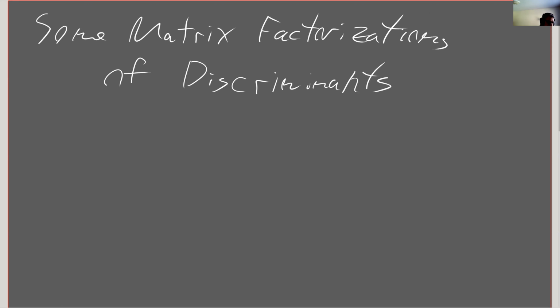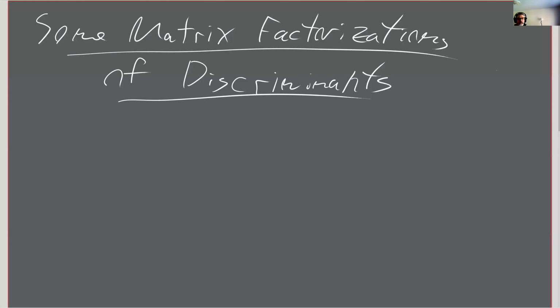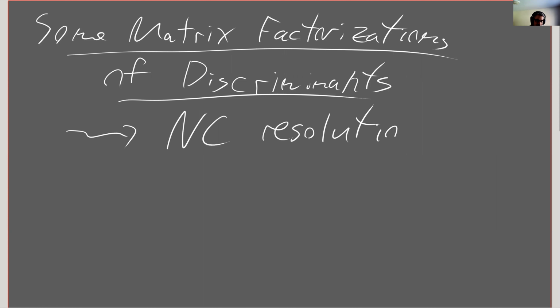And really, the motivation for these particular matrix factorizations I'm going to talk about is related to non-commutative resolution. So I'll write that down as well. The point for me is that we get non-commutative resolutions out of these. And that's why I'm interested in them.